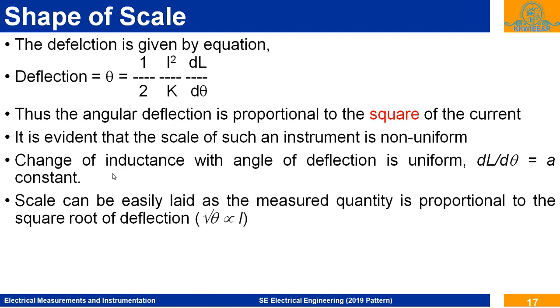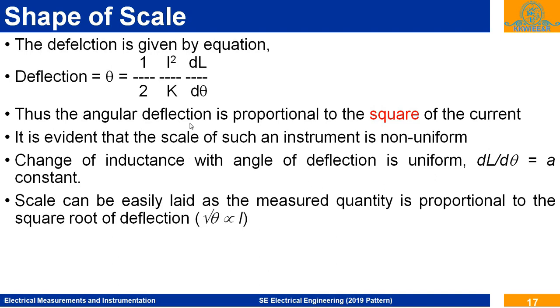The change of inductance with the angle of deflection is uniform, so this dL by d theta ratio is also uniform, and it is denoted by A. So 1/2 is constant and the dL by d theta ratio is constant, so that theta is proportional to A square.